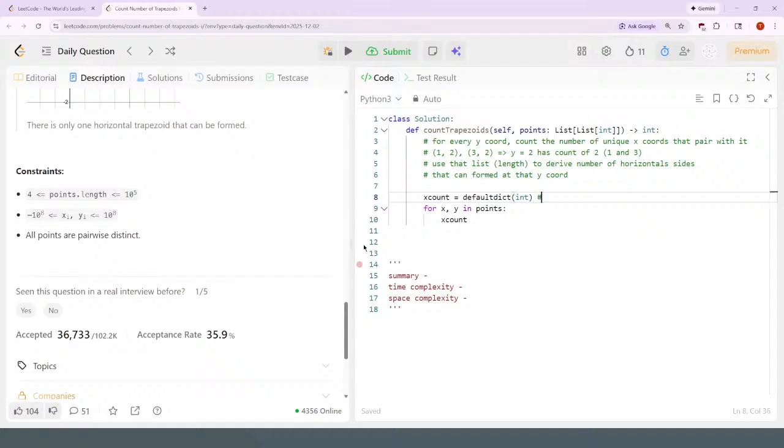And the key for this dictionary is the y coordinate, and then the value is the count of x coordinates with that y. So x count for this y coordinate is incremented.